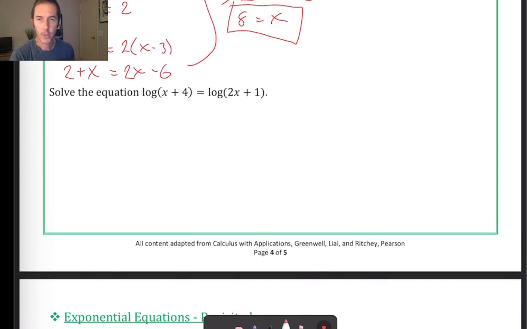Both sides of the equation only contain one log. They both have a common base of 10, which means I can set the arguments equal to each other. Subtract x from both sides. Subtract 1 from both sides.